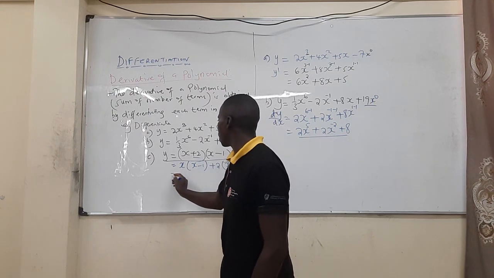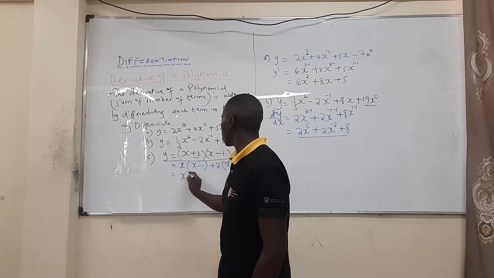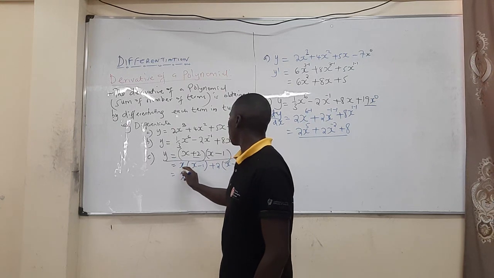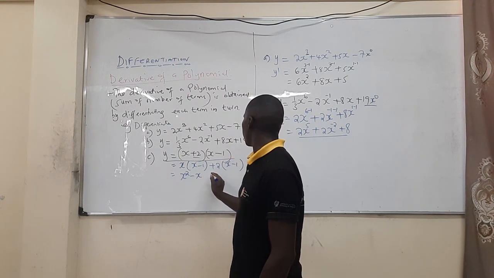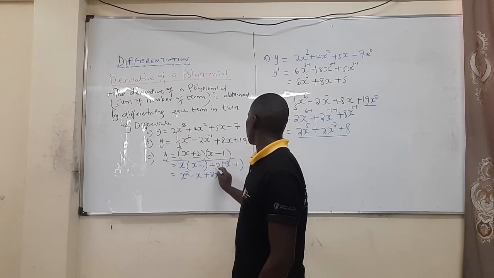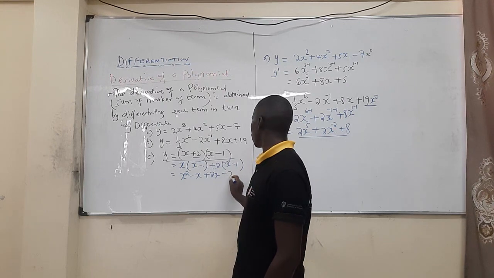So this is going to get x times x is x squared, x times minus 1 is minus x, then we have 2 times x is plus 2x, then 2 times minus 1 is minus 2.